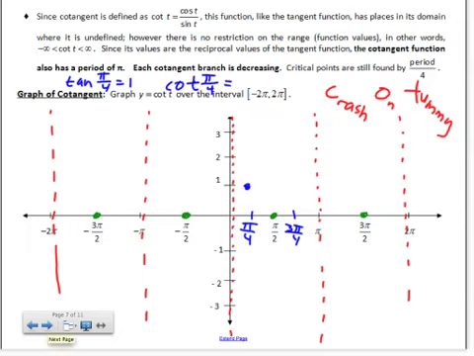So we have to talk about the reciprocal of 1, and the reciprocal of 1 is still 1. And the tangent of 3 pi over 4 is negative 1, and guess what? Cotangent is also negative 1, and boom, here we go. See? Crash on tummy. So that's a general idea on that.